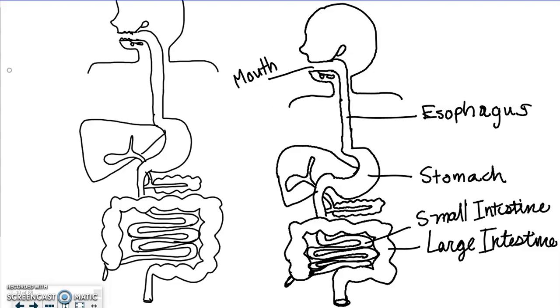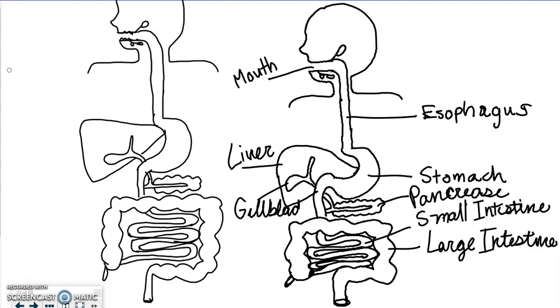helps if I write in cursive I've just found. Here's the pancreas, the liver, gallbladder, double checking, what did I miss?